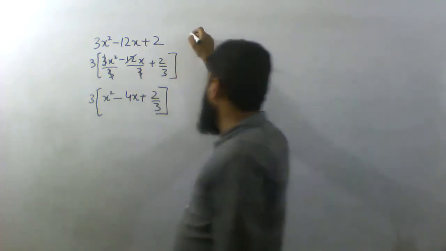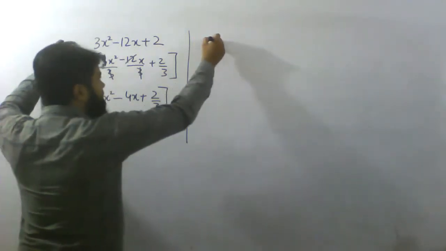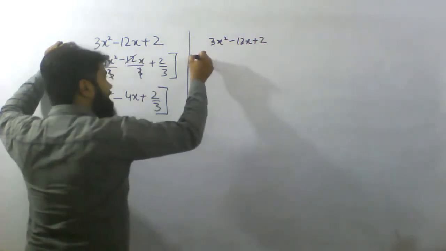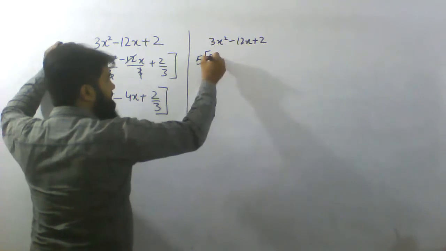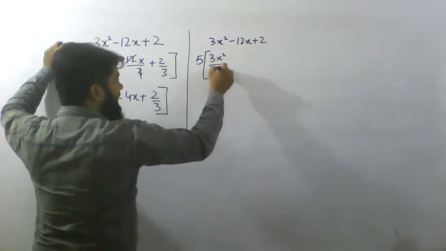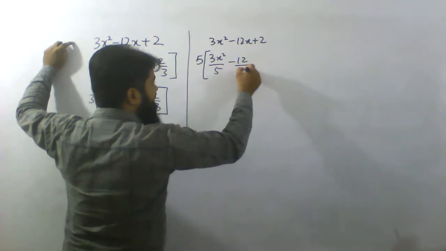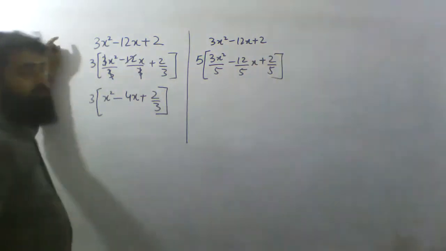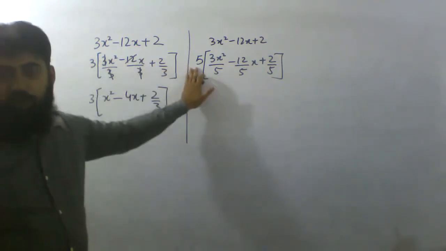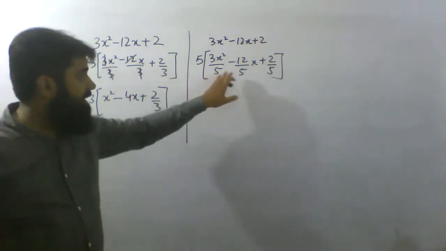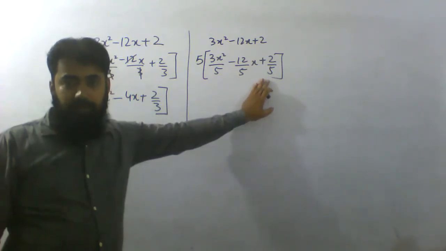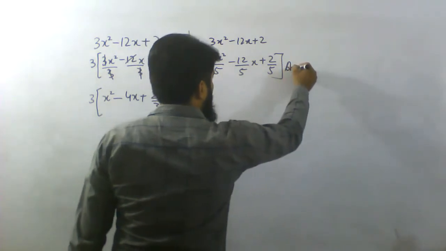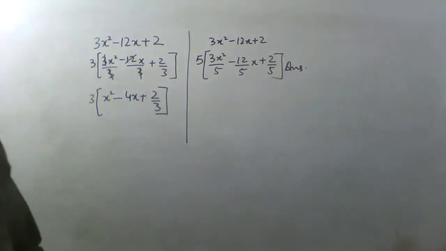For instance, if I want to take 5 common from 3x square minus 12x plus 2, what will happen? 3x square over 5 minus 12 over 5 plus 2 over 5. I have taken 5 common, so every term is divided by 5. Now I can't simplify it further, so I will leave it like that.